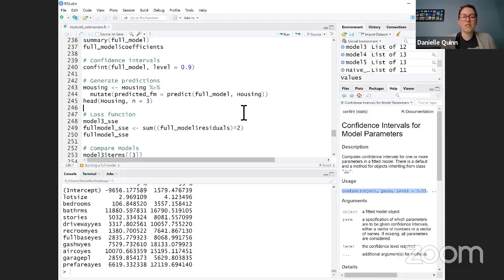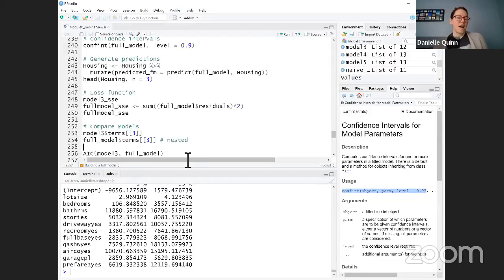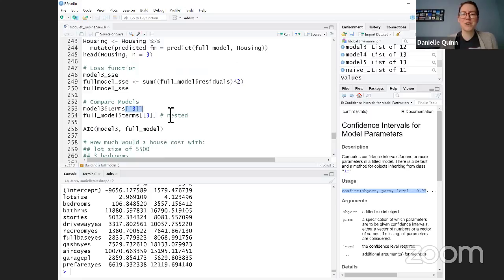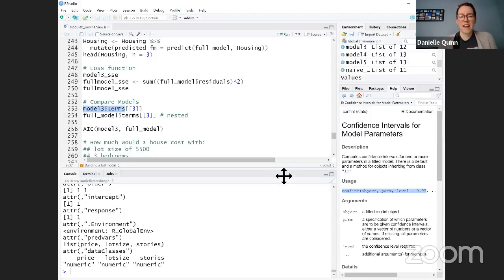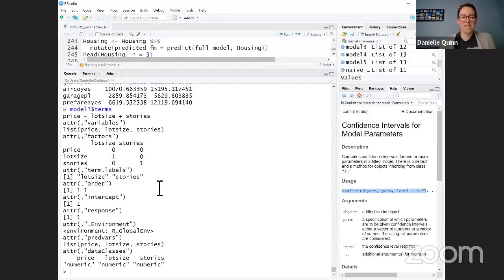And Ali is asking, what is the parameter used for terms? It says 3. Okay, so I'm not going to get too deep into this, but this is called indexing, and it is a way of exploring a particular component of an object. If we were to just look at model 3 terms, this is what it contains. All of this stuff. I'm not going to get into how that's structured because it's structured in a very complicated way.